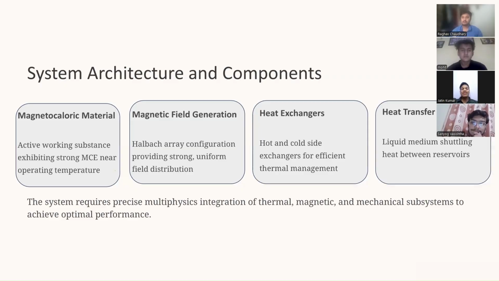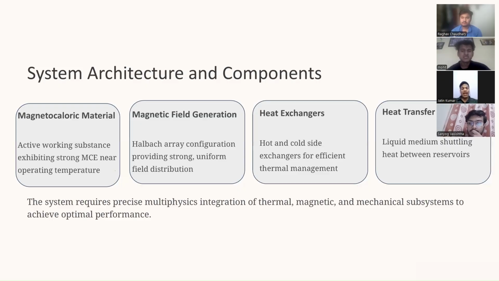To create the magnetic field, we use a Halbach array configuration. This setup provides a strong and uniform magnetic field while minimizing stray fields, improving system efficiency. And then heat exchangers. These are placed on the hot and cold side to transfer heat effectively.